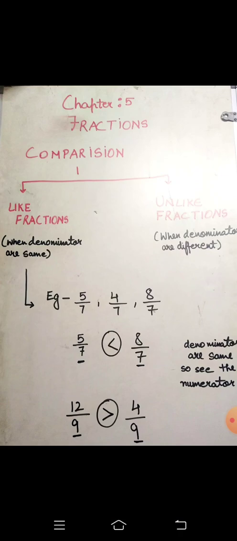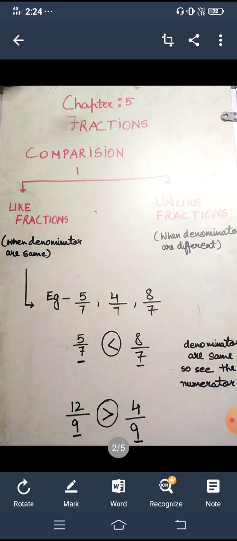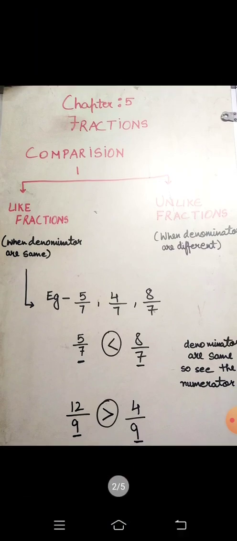Yes, you are correct. When the denominators are same, we just have to see the numerators. So the first fraction is having a numerator 5 and the other is having 8. So which one is bigger, 5 or 8? Yes, 8 is bigger. Now, which is the bigger fraction? 8 upon 7.